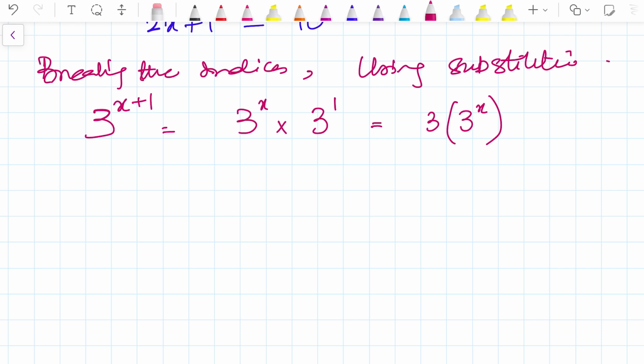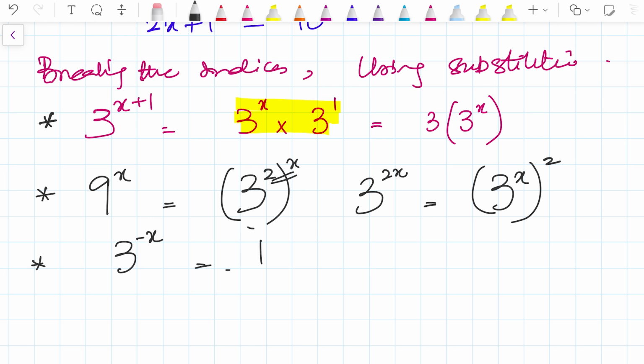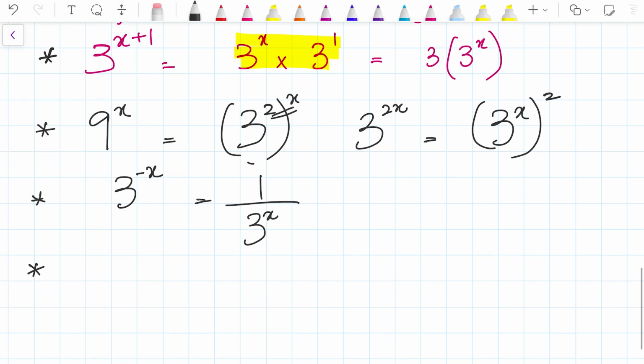Next, 9 power x can be written as 3 power 2 to the x, and power over a power, they multiply. It can also be written as 3 power x, whole square. For example, when you have 3 power minus x, it can be written as 1 upon 3 power x.